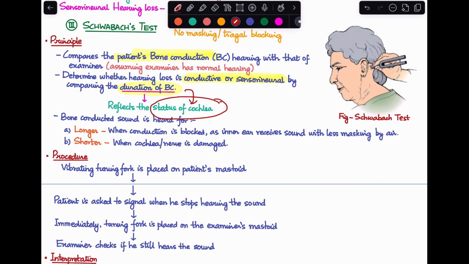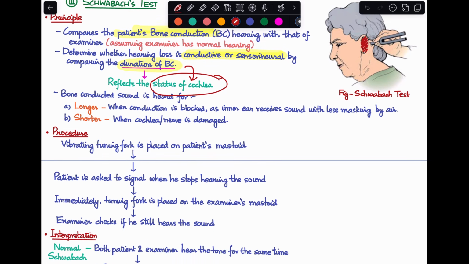I've mentioned before that if you end up masking the ear for the air conduction, the sound will be heard for longer. Whereas the bone conducted sound will be shorter when the cochlea or the nerve gets damaged. That's because the cochlea function is reflected by the bone conduction.